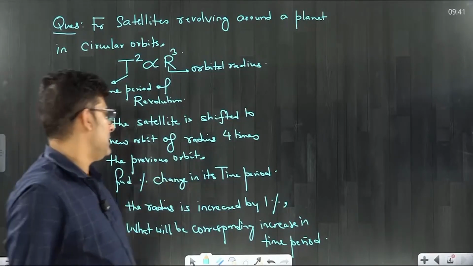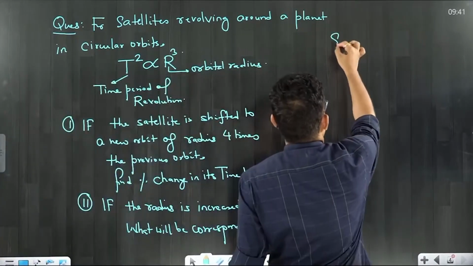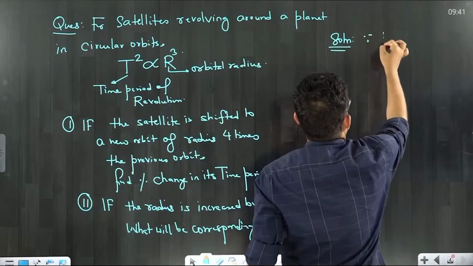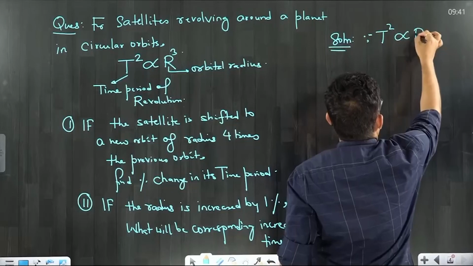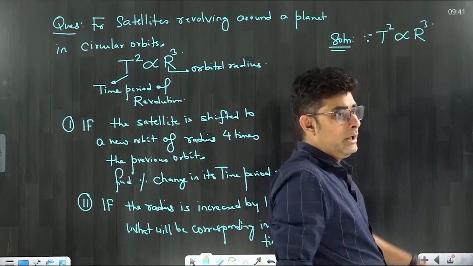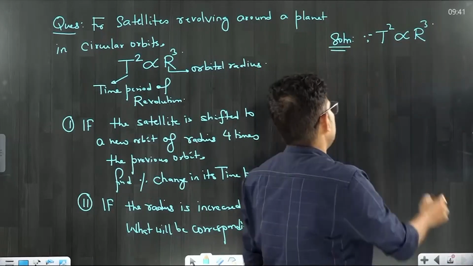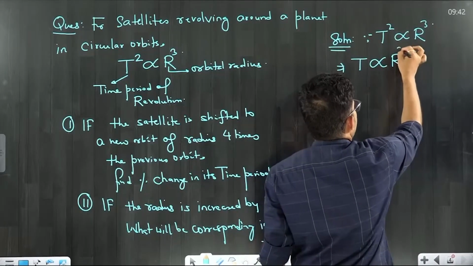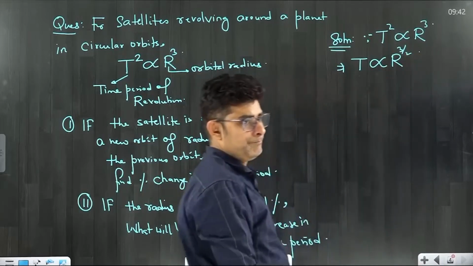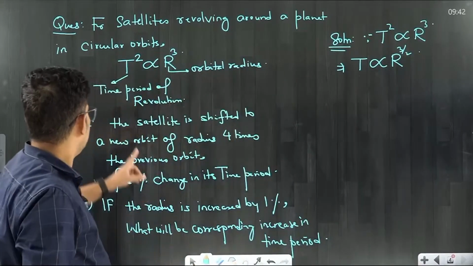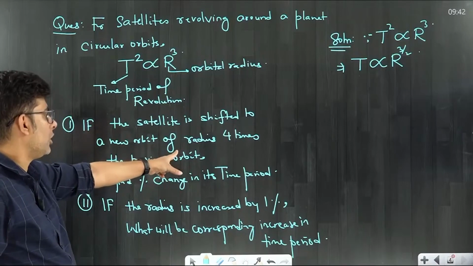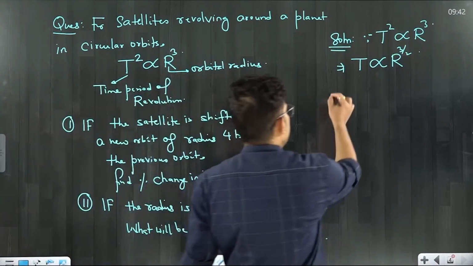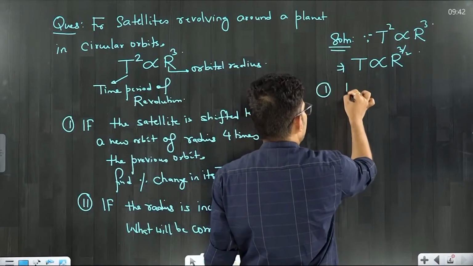So what you see from here is, first of all I told that T square is proportional to R cube. This is our main formula. If T square is proportional to R cube, that means time period will be proportional to R to the power 3 by 2. Now if you see the first one, the change is not small. The radius has been made 4 times. So in the first case, it's not a small change.